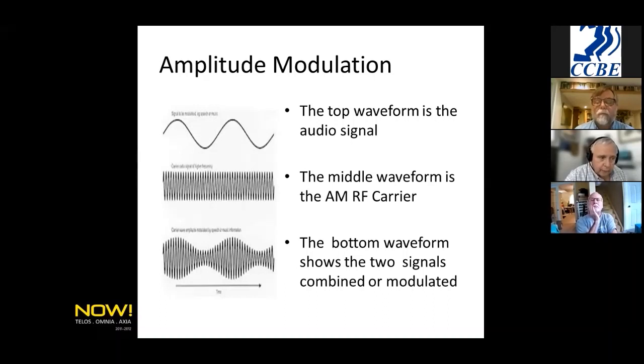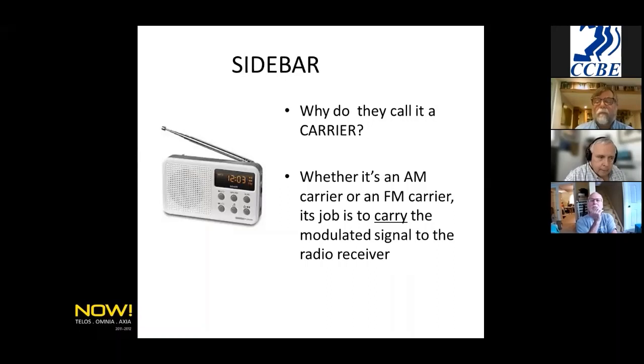Once again, a review of the amplitude modulation audio wave, the carrier, and the bottom wave showing the signals combined or modulated. I've got a little sidebar here. Why do they call it a carrier? Think of it as carrying either the AM or the FM audio signal to the radio receiver.